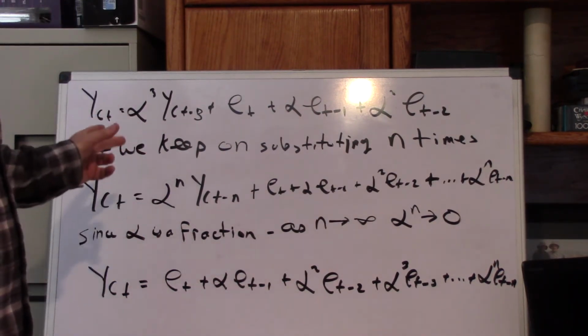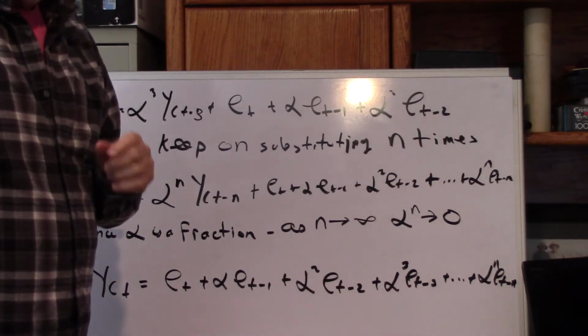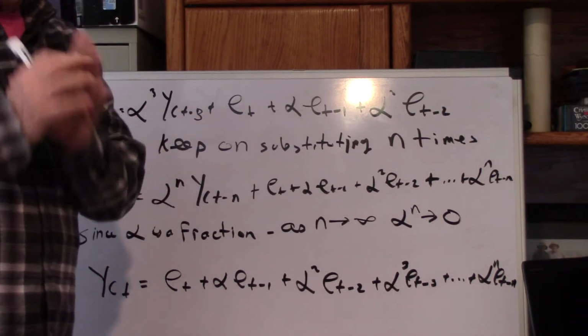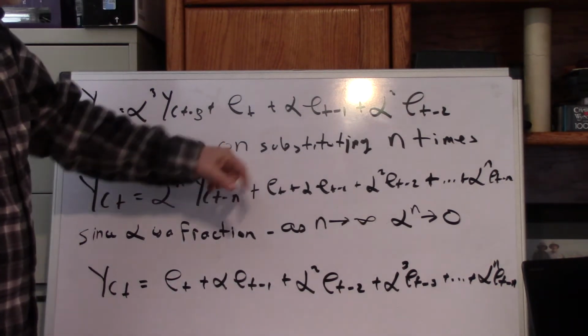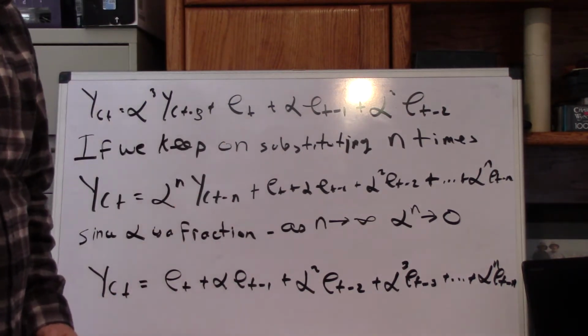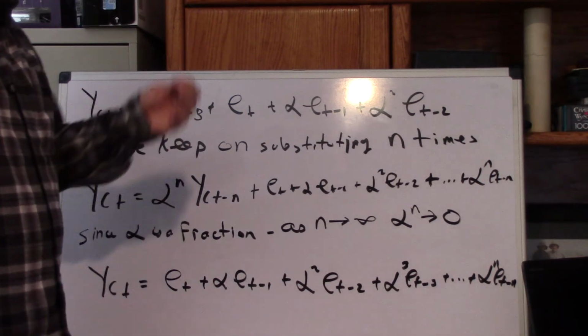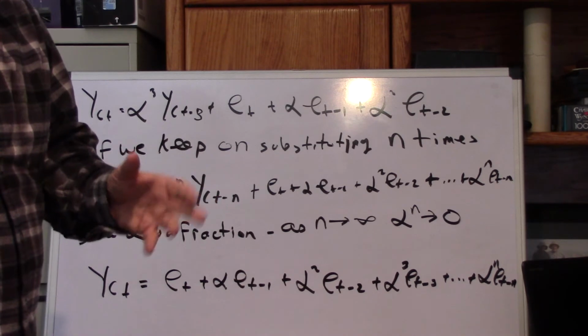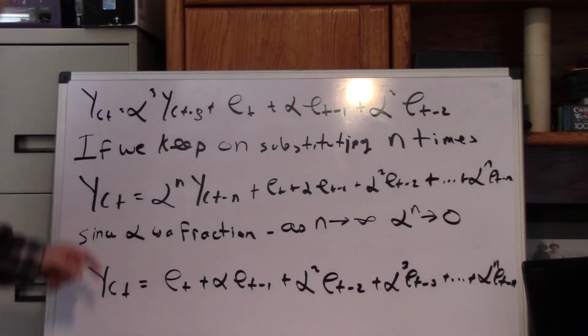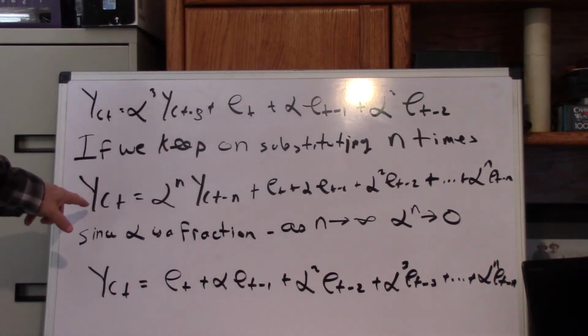So, what I want to do is just keep on substituting, and then I'll explain the intuition, which is actually relatively straightforward. If we keep on substituting n more times, you've seen you substitute for C_{t-1}, C_{t-2}, and so forth. Now, if we do it n more times, it's going to look like this.